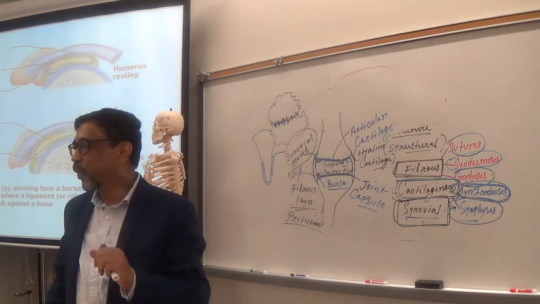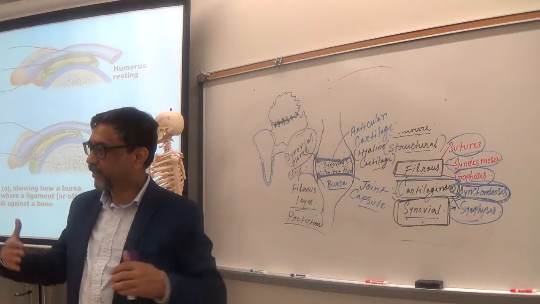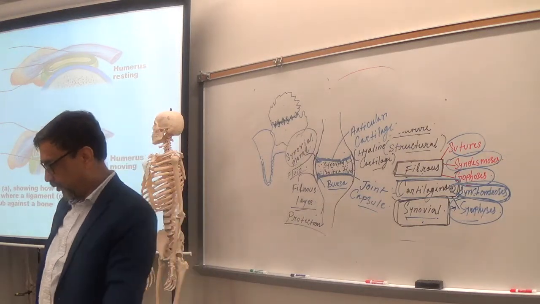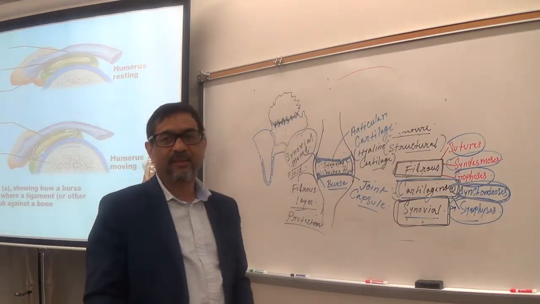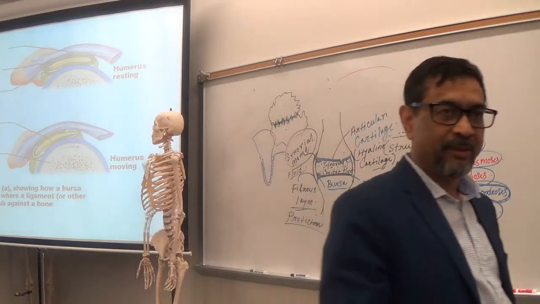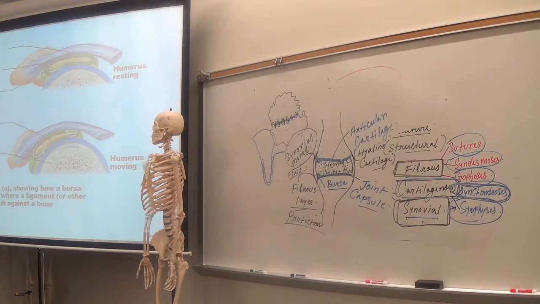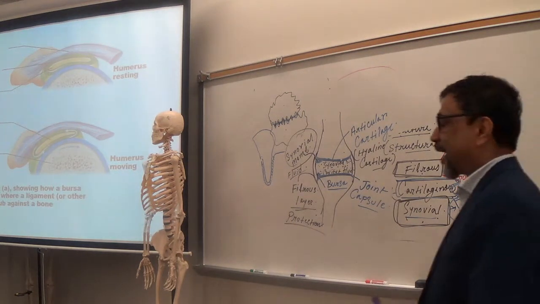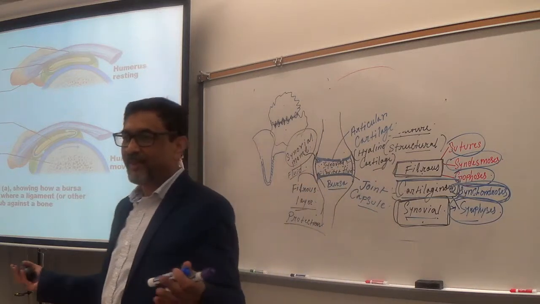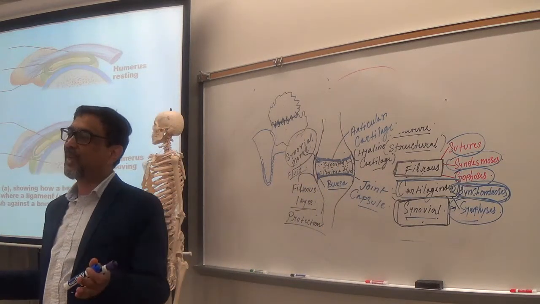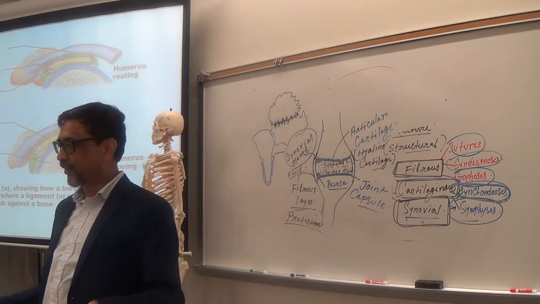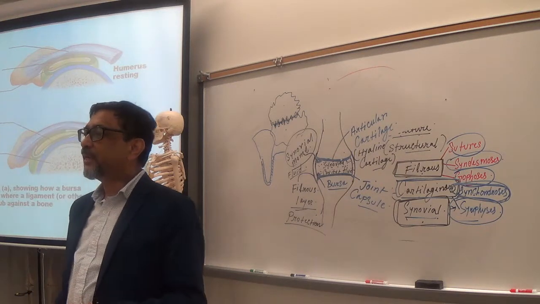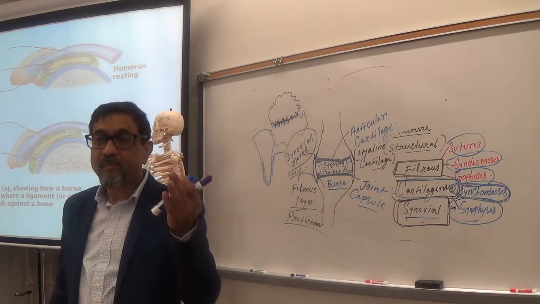And they roll like ball bearings and reduce the friction and increase what? The movement. Okay? Have you heard the term bursitis? Itis is inflammation, right? Any inflammation is termed as itis. There could be hundreds. So bursitis is the inflammation of a bursa.